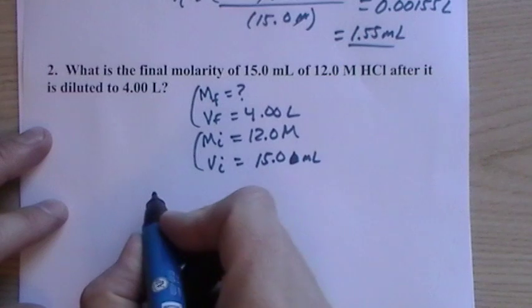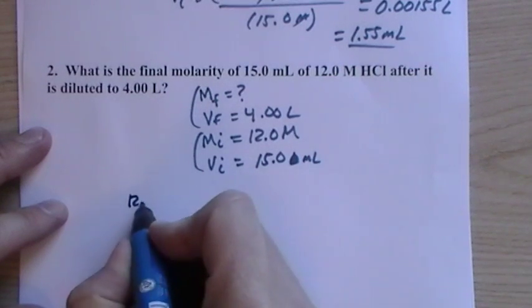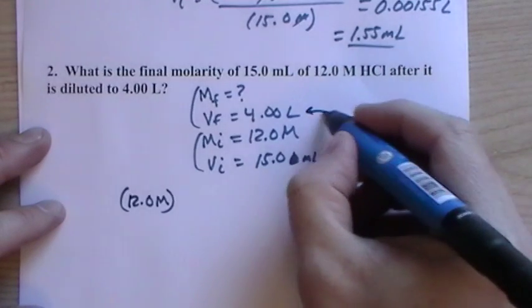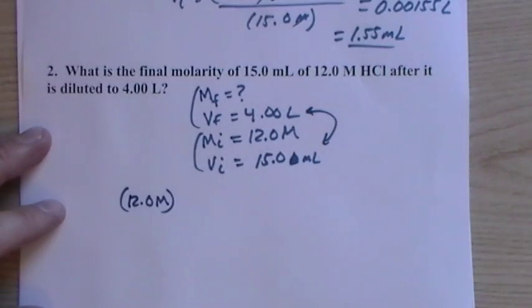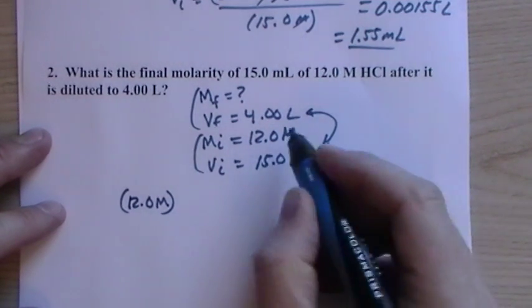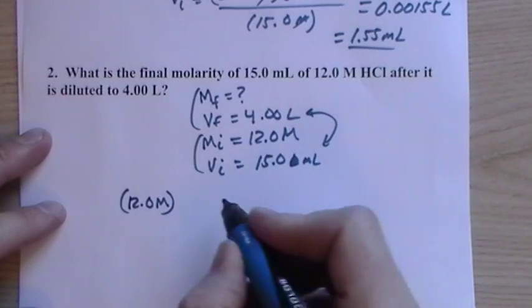So now that we have everything, just set it up. We have 12 molar. Now, since we've been given both volumes, we need to have them in the same units of measure. When one of the volumes is missing, we can just leave the other volume in liters or mils, and we'll come up with either liters or mils as our answer. But here, since they've both been given, we have to convert one or the other.